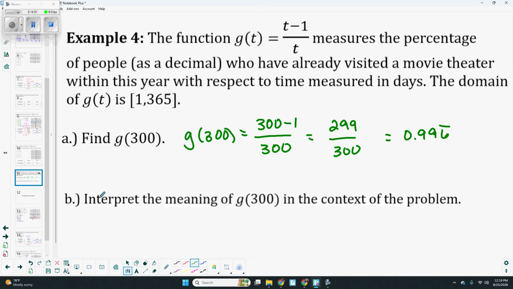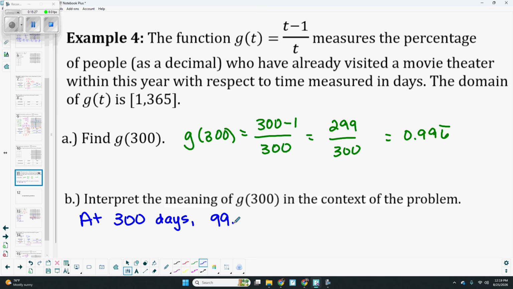But now it's interpret the meaning of g of 300 in the context of the problem. So we know that the t-value is the number of days that have happened so far in this year. So we could say at 300 days. And now this was a percentage written as a decimal. So we can consider this, what would be the percentage we would write this as, and that would be 99.6 repeating.